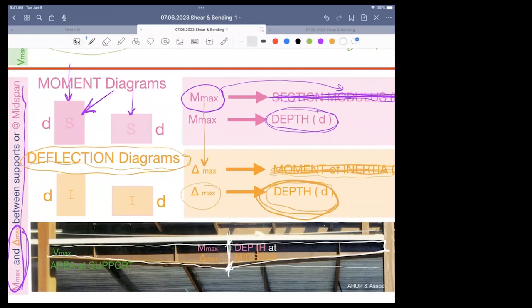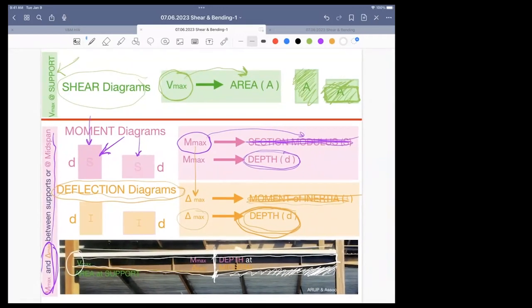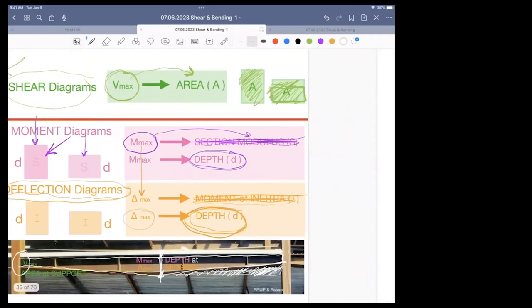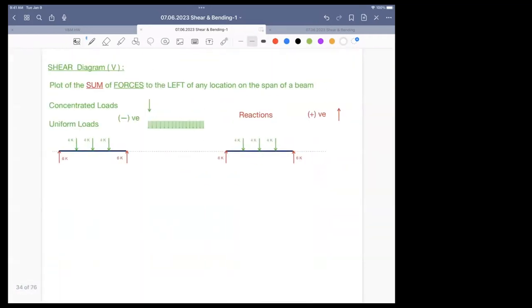And also, all of this is doing nothing. In your beam, it's doing nothing. At the support, you need square inches, and steel is very strong in shear, therefore we can get by with very little material. But in the middle, we need depth. So that's the conclusion to what we're about to do. Okay, so shear diagrams.